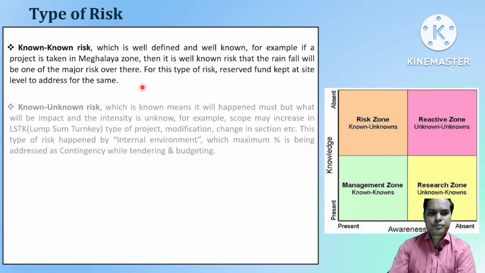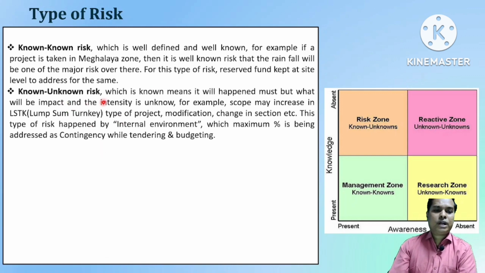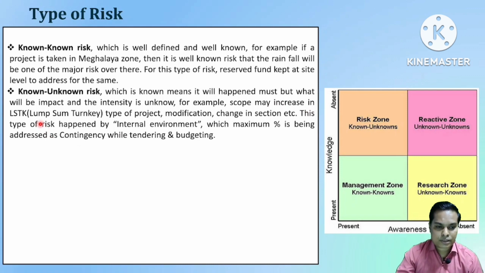And then known unknown risk, which I have also already told you: it will happen, for sure, but we do not know what the impact and intensity will be. For example, the scope may increase in a lump sum turnkey contract. Say there are 5 tanks and we have to fabricate them.